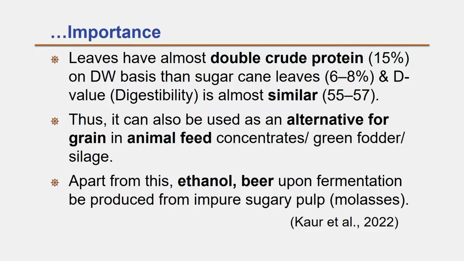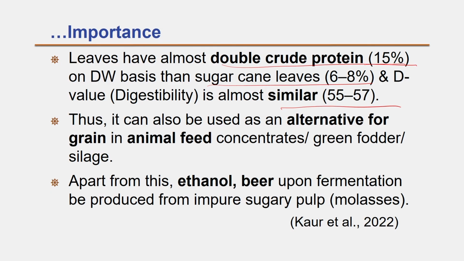Leaves have almost double the crude protein, say 15% crude protein on dry weight basis, than sugarcane leaves, which have 6 to 8%. And the D value, that is digestibility value, is almost similar to sugarcane, which is 55 to 57.